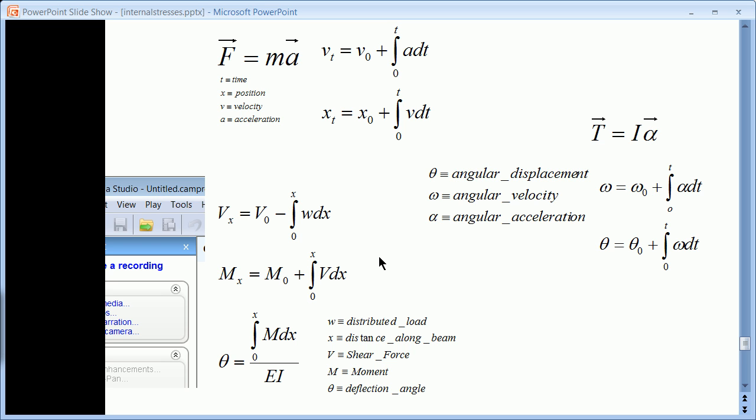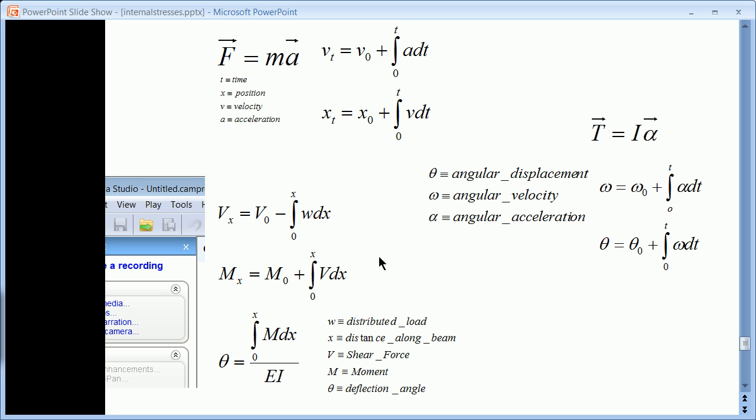All right, so this gets us to this, I'm not going to call it a summary, but a comparison of the mathematics of F equals ma, torque equals I alpha, and the integral mathematics of the fact that the shear at any one point in the beam is equal to the initial shear minus the area under the load curve. And what you have to realize is that when there is a point load on a structure, that just adds a kind of kink to your curve.